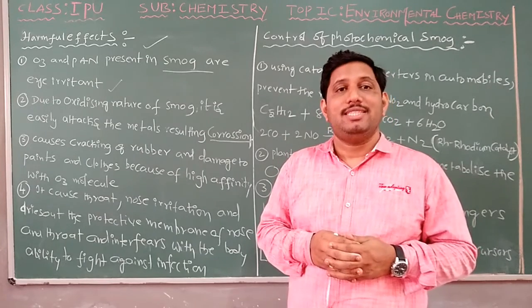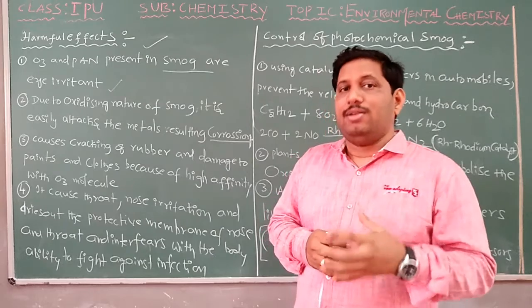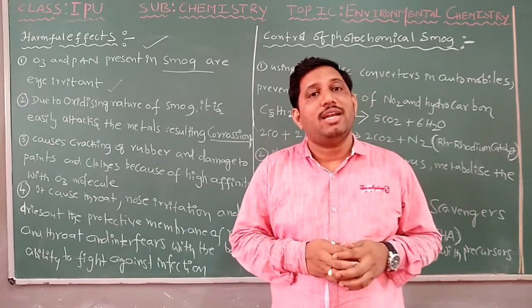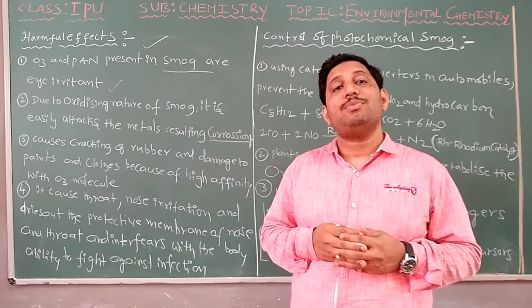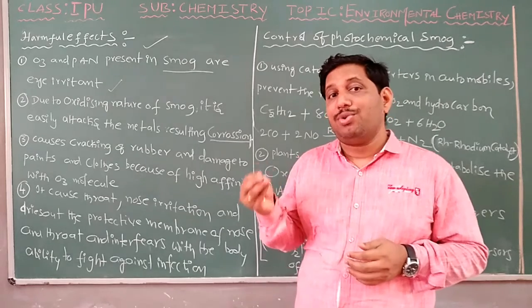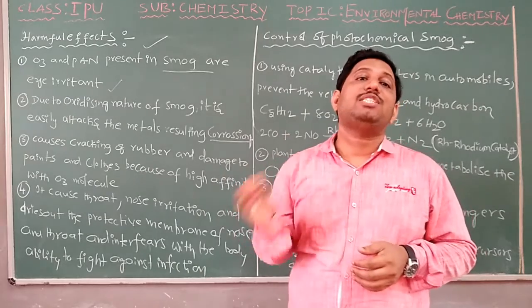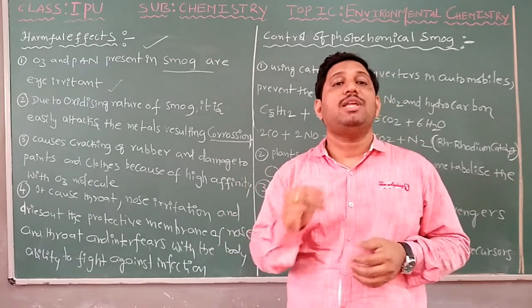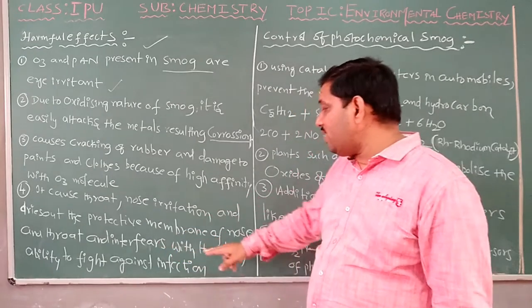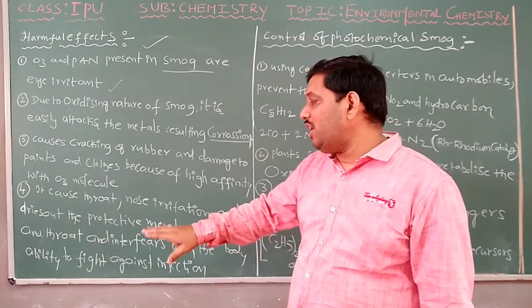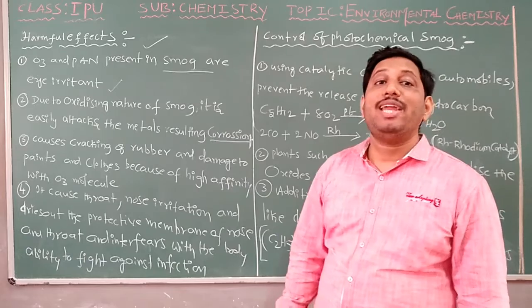Because our body contains its own immune system, its own ability to recover from small diseases. The photochemical smog also interferes with the immune system. That is, students, the photochemical smog interferes with the body's ability to fight against infection.